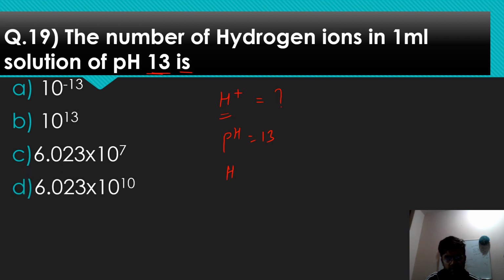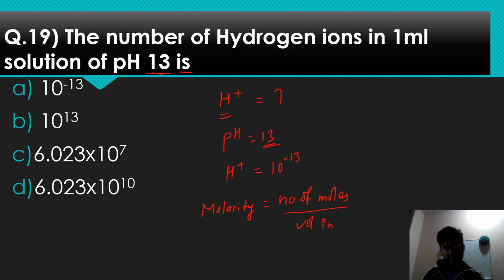And from the H plus concentration, we can say that pH equals 13. It means the H plus concentration is 10 to the power minus 13. Molarity means number of moles divided by volume in liter.